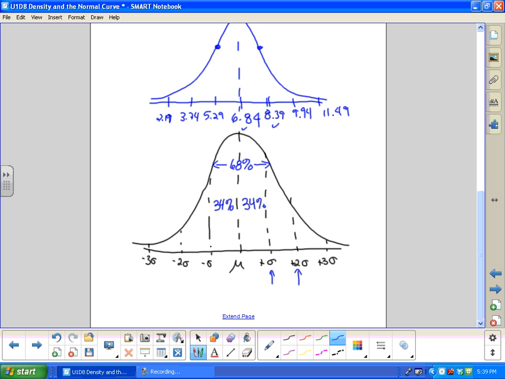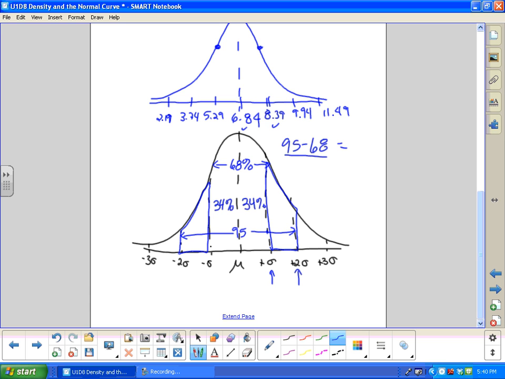Okay, so what if I asked you to find the area between 1 and 2 standard deviations? You could say, all right, I know that from here to there is 95%. So if I subtract 68 from 95, I get the area of these two pieces right here.